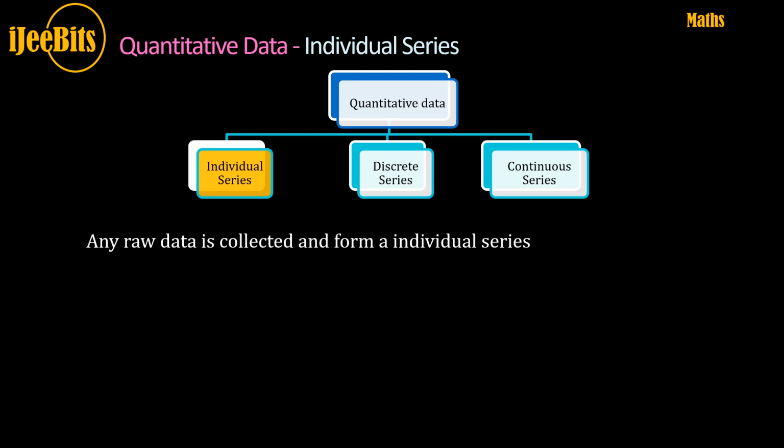Your observations are all the marks, say 32, 40, 55, 45, 55, 70, 68. These are all observations you are collecting, and this is also called raw data. Then you put them in a series, and hence this is called an individual series. You have been dealing with this, but now you are calling it an individual series.